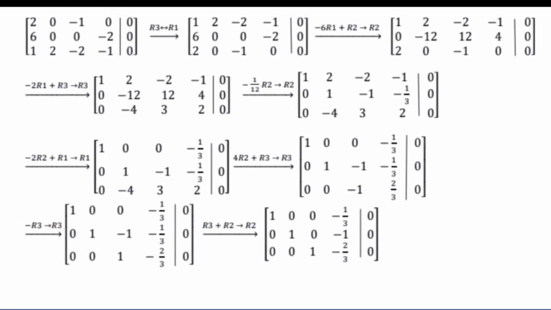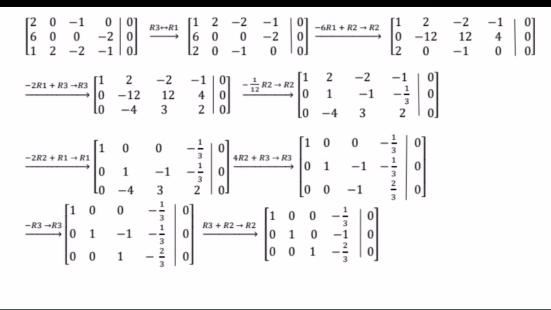For the second step, we will make the leading one for the second row by multiplying it by -1/12. Next, we will make sure the entries below and above the leading one are zeros. So, we will multiply the second row by -2 and add it to the first row.